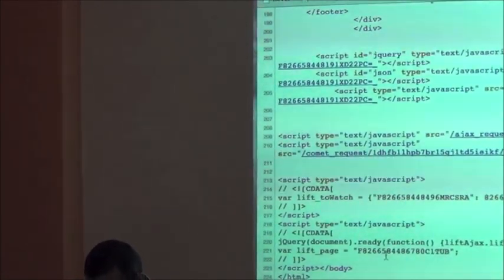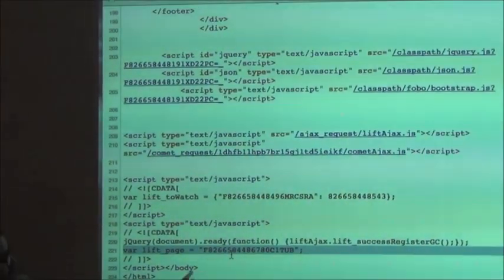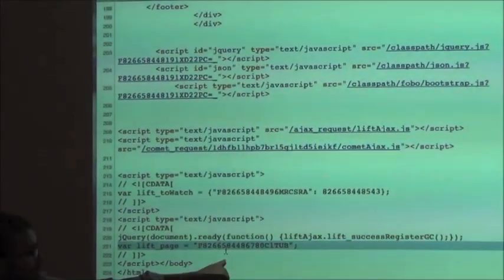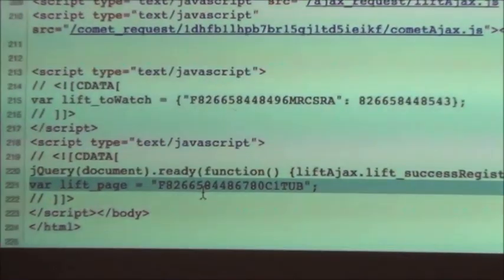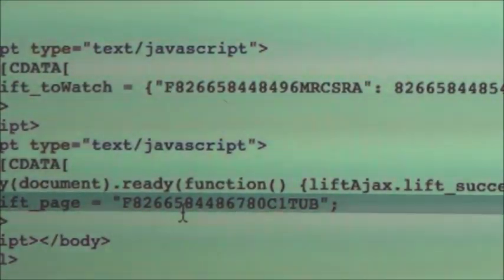Right here. Lift always knows about the requests and the processes, because it's a stateful way of dealing with things.